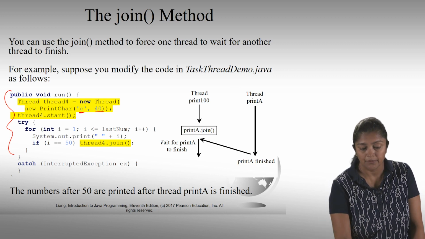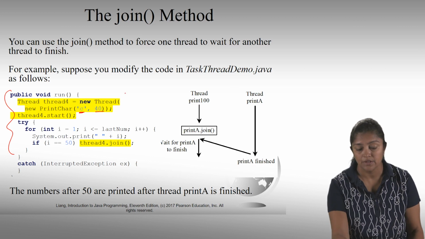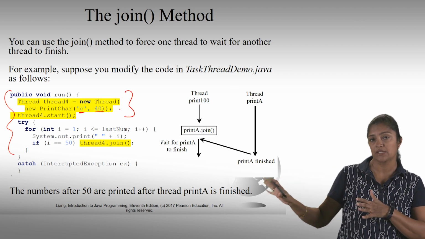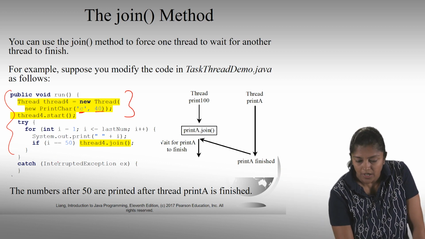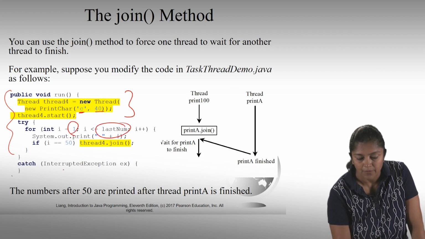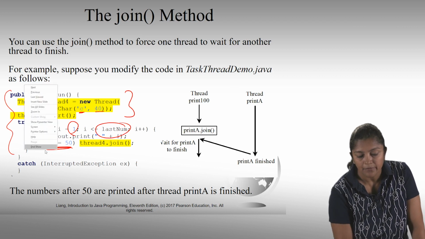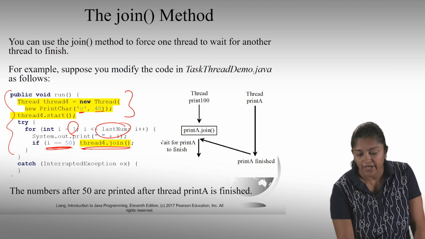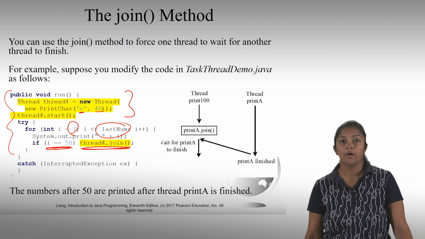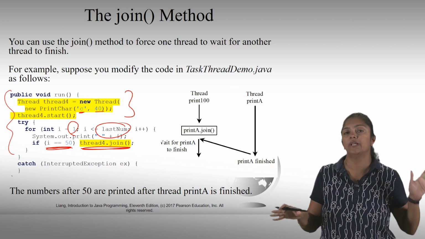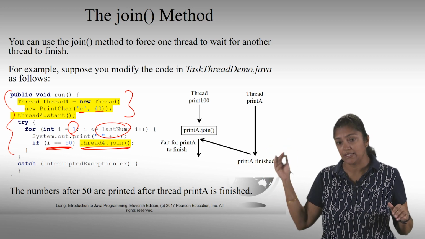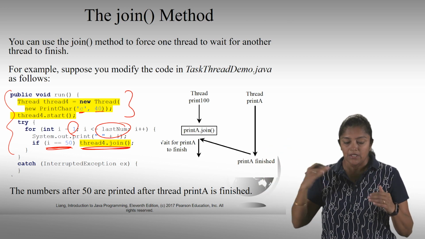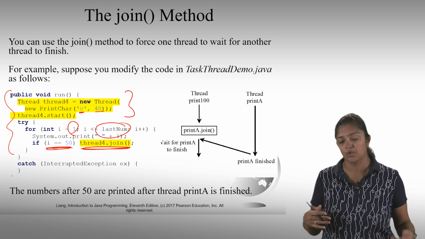So thread4 is now independently tasked with printing the character C 40 times, and then we already have print100, which is printing the numbers from 1 through lastNum. But once it reaches 50, we want it to stop and then wait for thread4 to join. So after the first 50 numbers are printed, we are going to wait for all of the C's to get printed, and once that thread has completely finished its task, that's when this current thread will resume its operation.